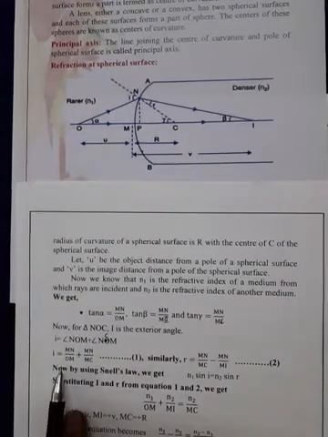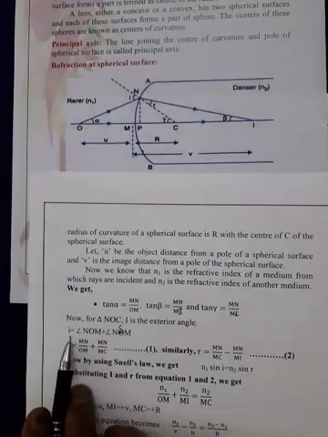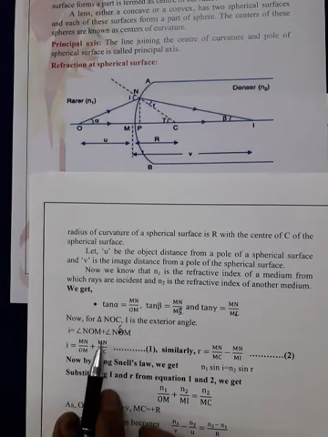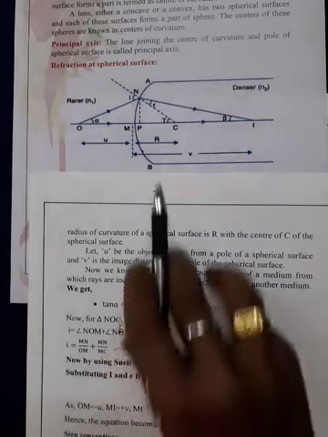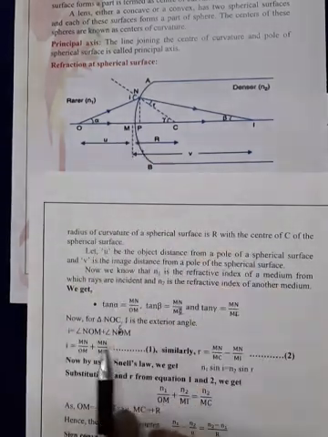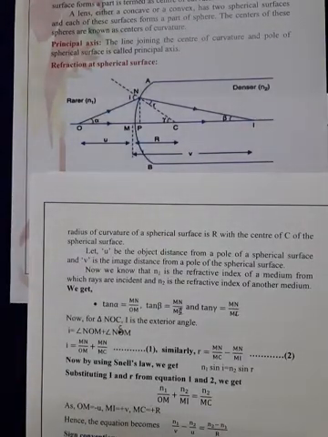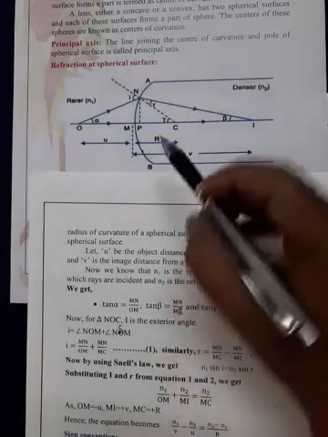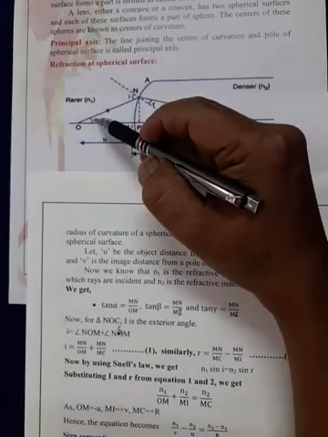Now i is equal to, from both the triangles, angle i equal to angle NOM plus angle NCM. i is nothing but Mn by Om plus Mn by Mc, because this represents the angle r, and this represents the angle alpha.